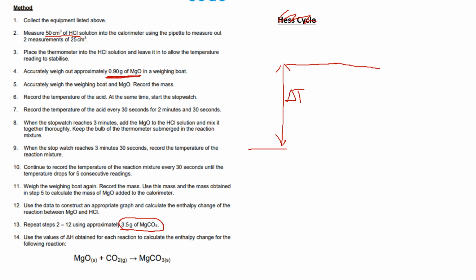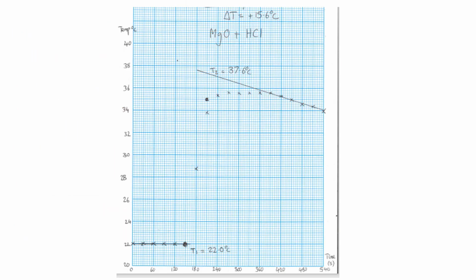If you want, take some time now to read the method, but I'm going to go on to what we do with the data at this stage. For magnesium oxide, you can see a graph on the screen at the moment. If you follow along here, I'll grab a highlighter pen so I can annotate my graph. I measured the temperature of the hydrochloric acid, and I've measured it for the first 120 seconds, and you can see it's pretty stable.